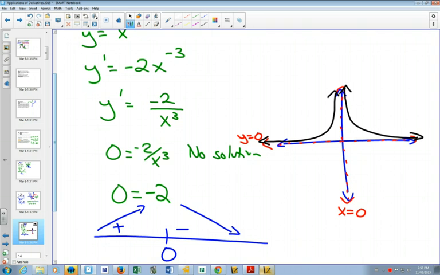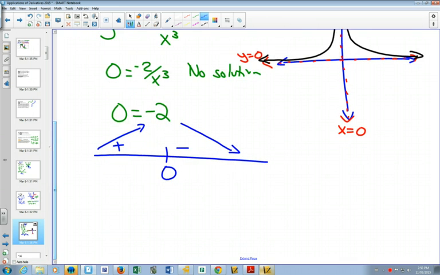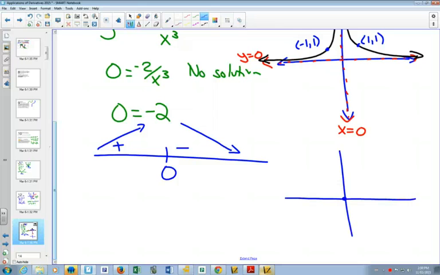Now, reminder, how did we do these ones using stuff from grade 11 and grade 12? We knew these points, minus 1, 1, and 1, 1. Okay? Do you remember graphing x squared first?